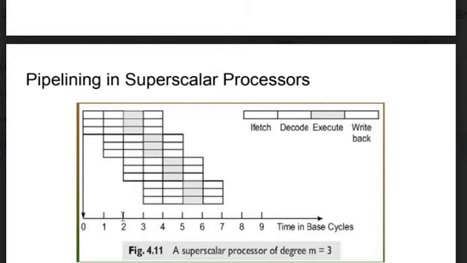It will start giving output only after the second base cycle. Before that, one is decode and a little before that is fetch. However many executes it can do, that many decodes and fetches we can perform. That is the meaning of this concept.